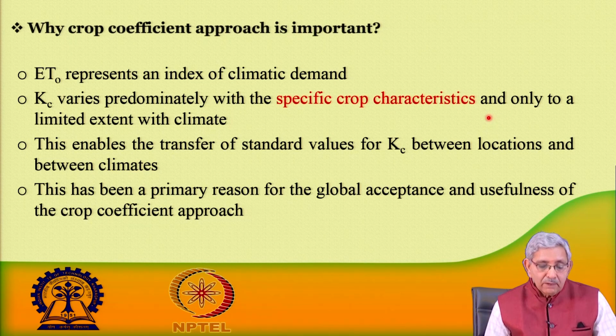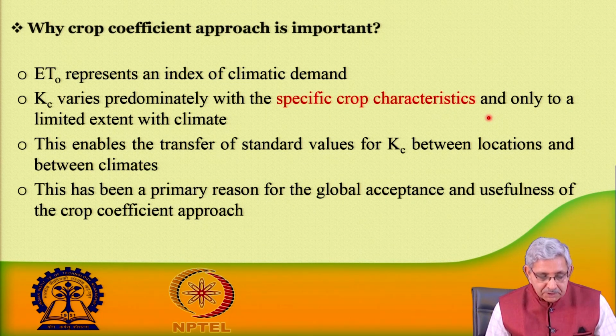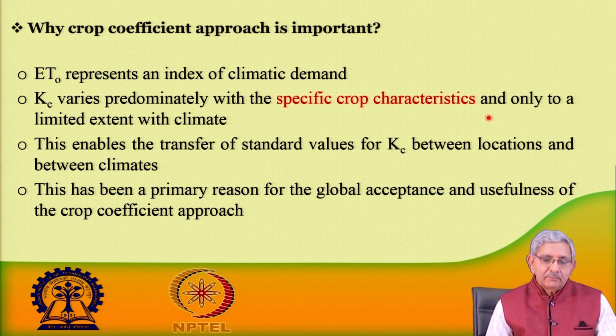Now, why is the crop coefficient approach important? Reference evapotranspiration represents the index of climatic demand, as it is influenced by atmospheric parameters, whereas Kc varies predominantly with crop characteristics. There is limited influence of climate on Kc, and it is mainly the crop characteristics.